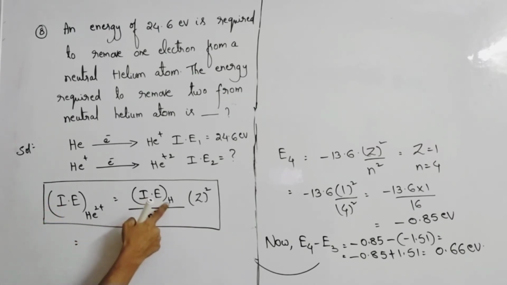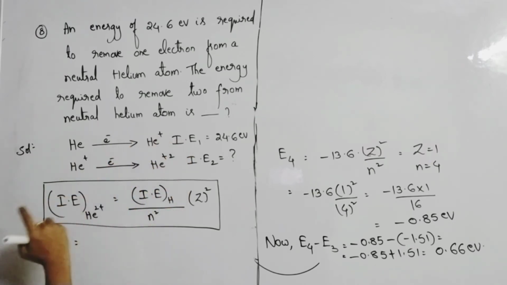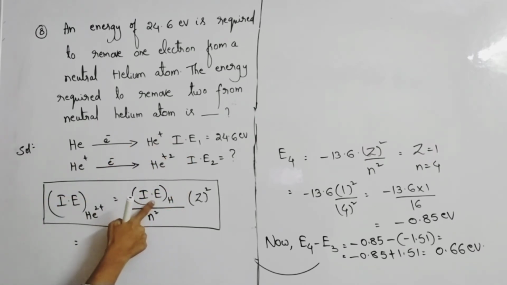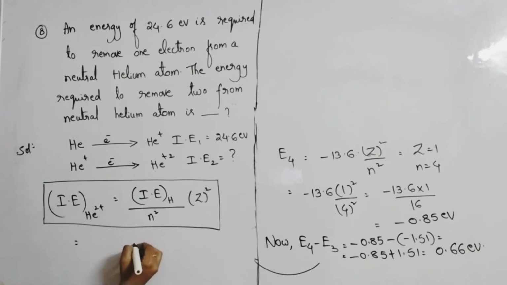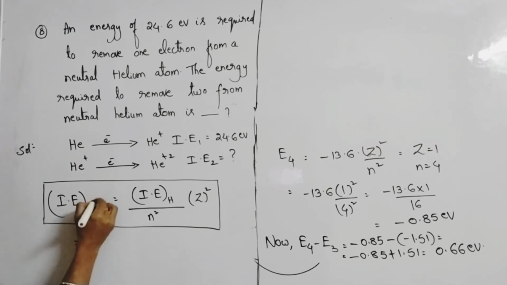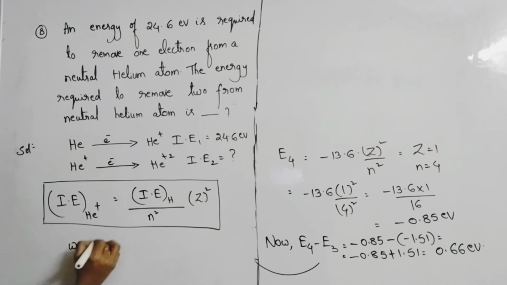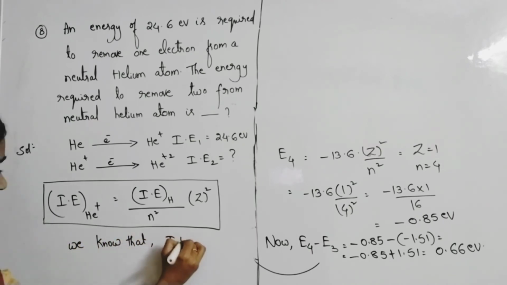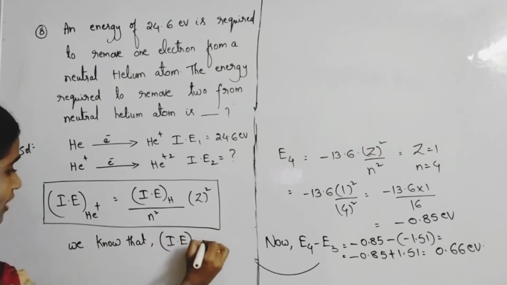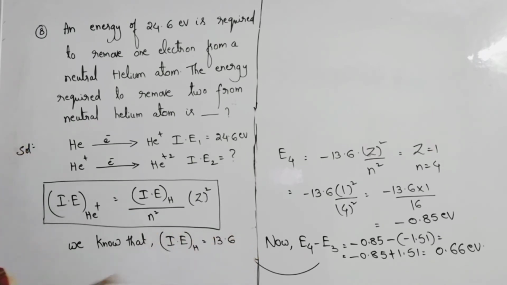Ionization energy of hydrogen, that is already a fixed value. You have to remember that. IE of hydrogen is 13.6. We know that IE of hydrogen is how much? 13.6 electron volts. We already know this value.